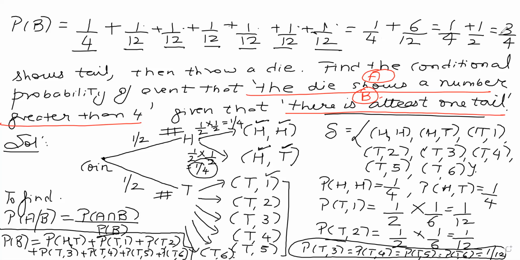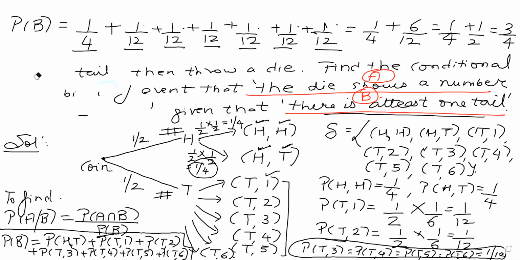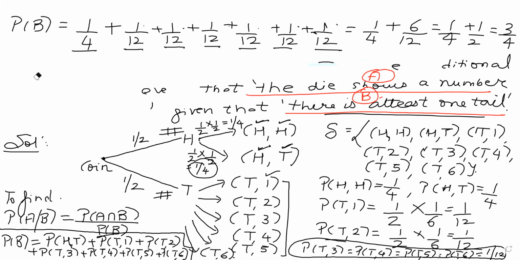And now we can find the probability of A intersection B. If I erase this off, what will probability of A intersection B be? Probability that the die shows a number which is greater than 4.